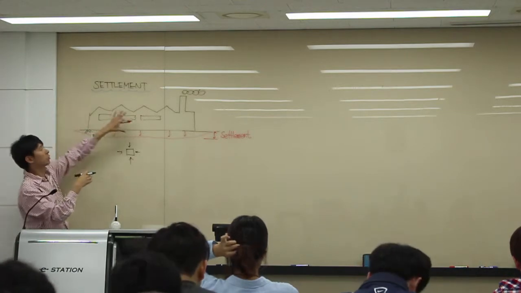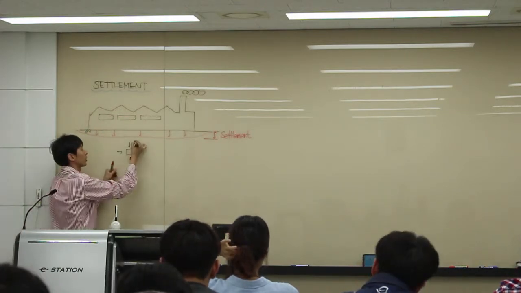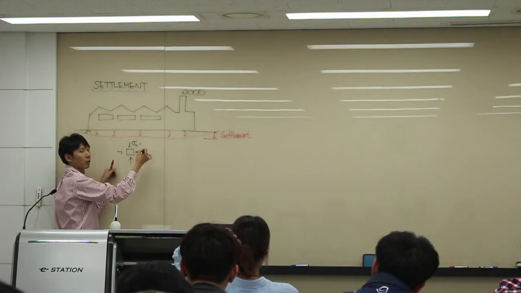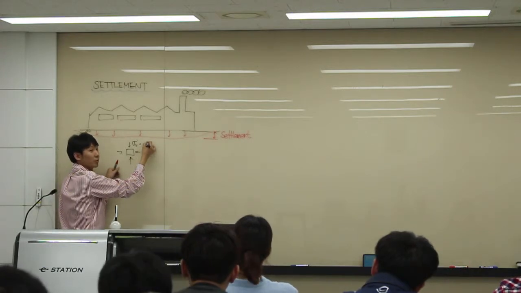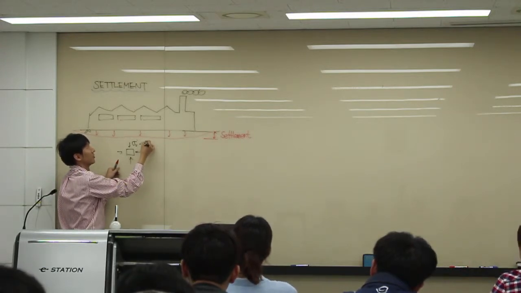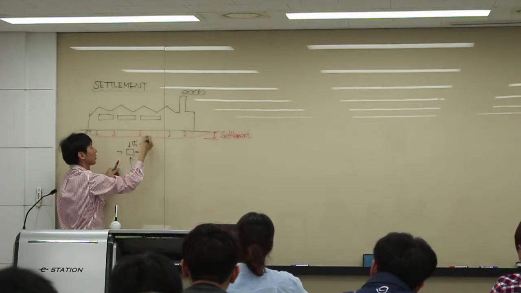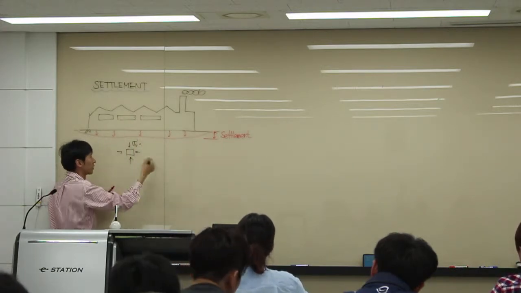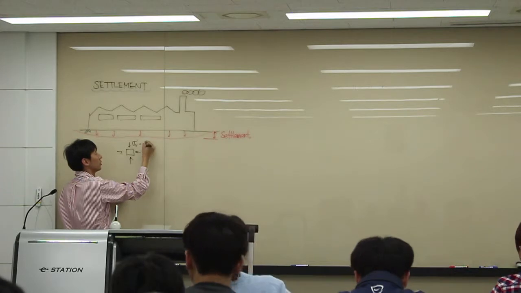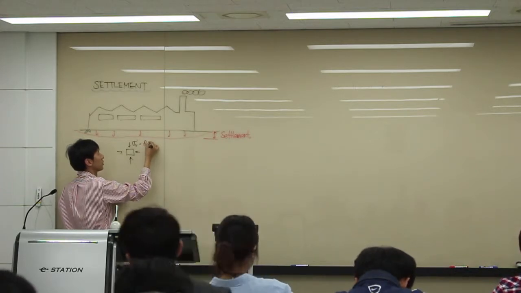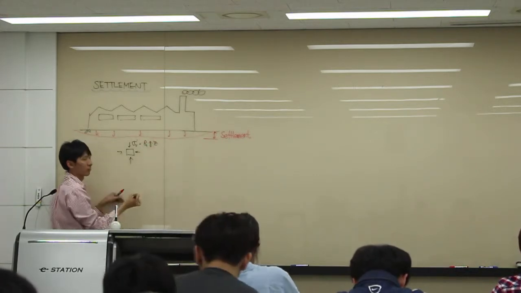So let's assume there is no structure. Then the vertical effective stress will be what? The submerged, no, let's say it's above the ground surface, then the groundwater table. And you're going to use the total density, gamma times z, right?